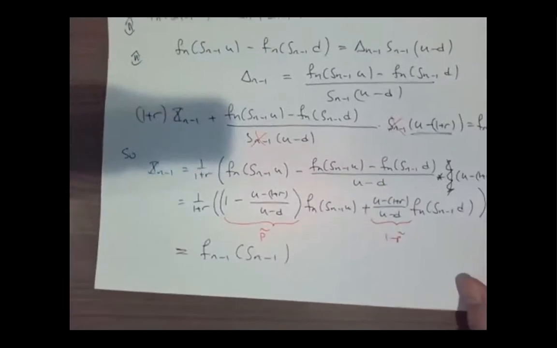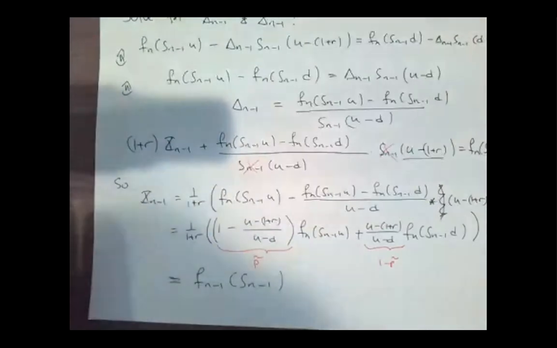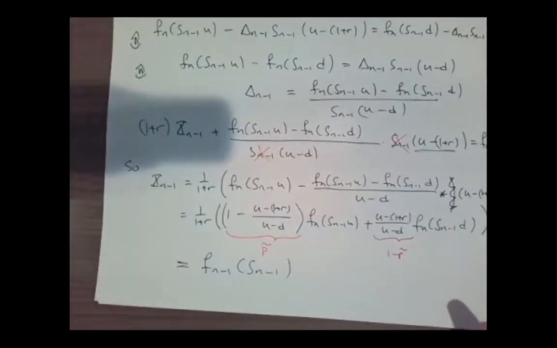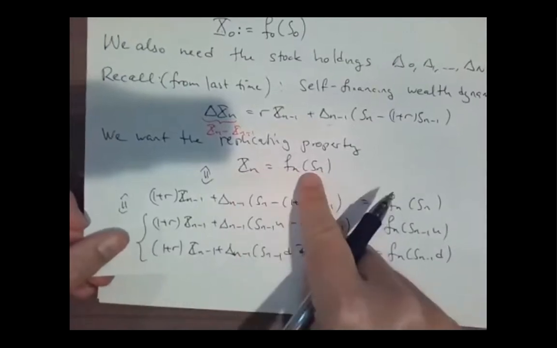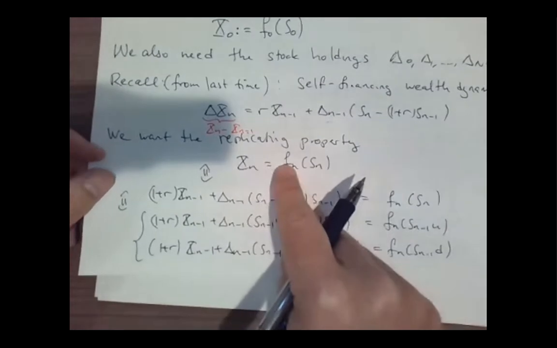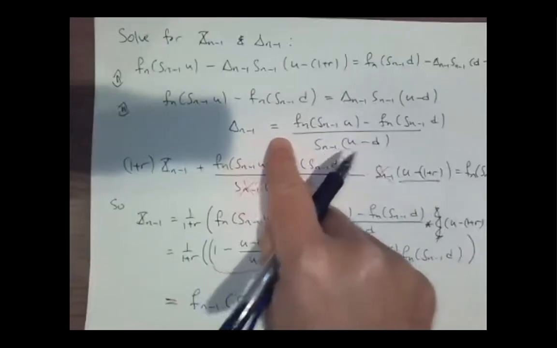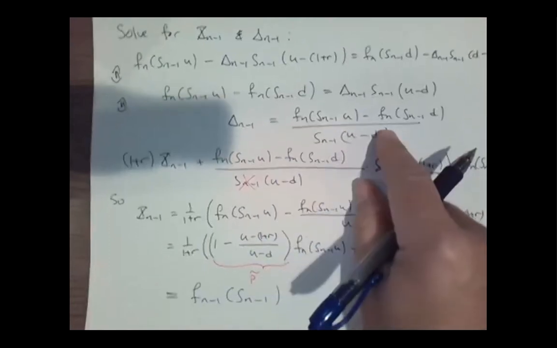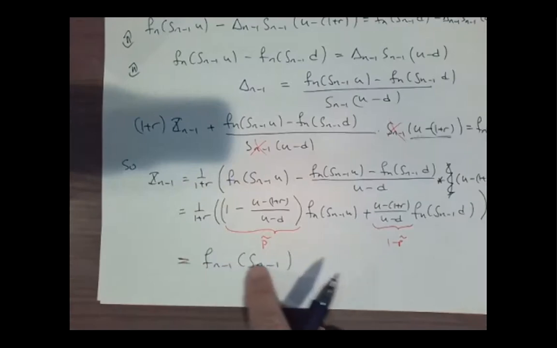So there we go, we have it now. We know this equation here holds true if you define delta according to this formula, and if you define the previous wealth according to this formula.